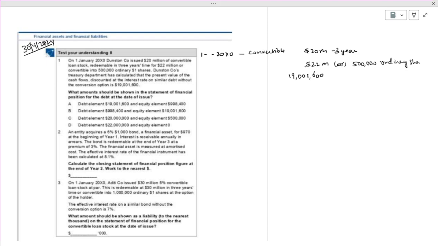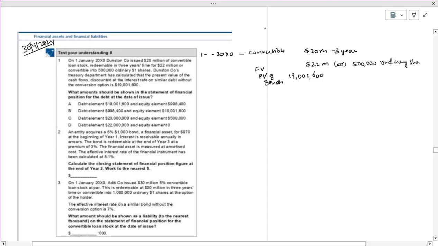Now, what they are saying? What amount should be shown in the statement of financial position at the date of issue? This we have calculated, the present value of bonds. What is the face value of bonds?